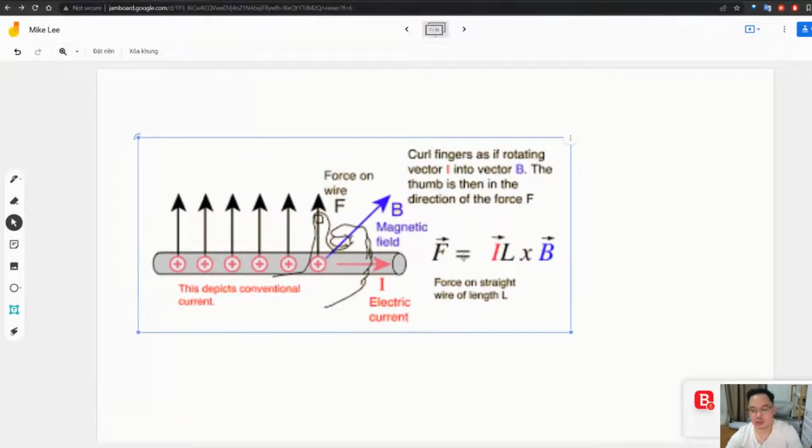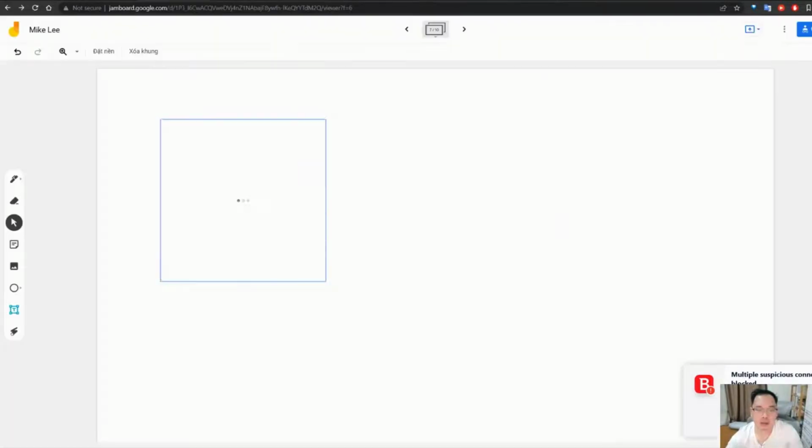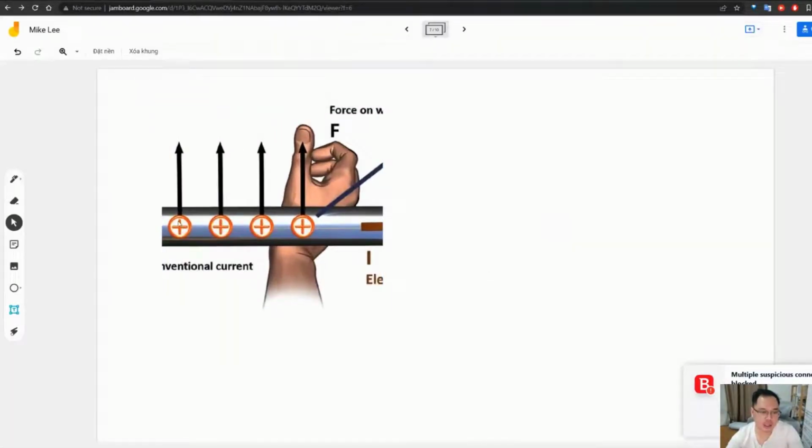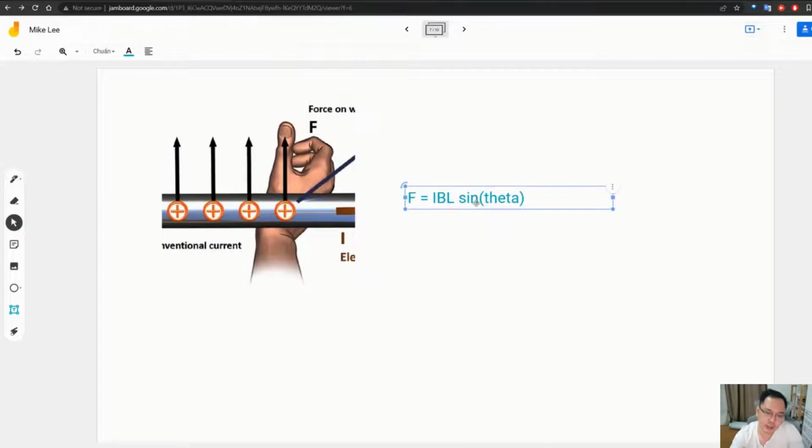The equation for the magnetic force on a current is also given in the booklet, which is F equals IBL sine theta. I is the current, B the field, L the length of the conductor in the field, and theta is the angle between the current and the field.